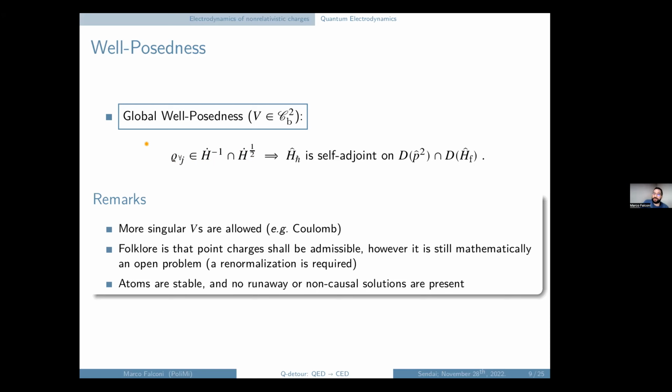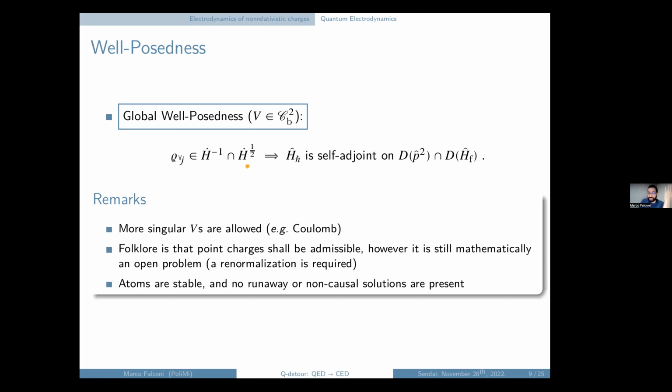If we assume that the charge distribution is in this space, which is slightly different from the one at the classical level... If we assume this at the classical level, we are not able to prove well-posedness. This will come later. Let me preview that we assume only this regularity and try to use the standard techniques, like fixed point arguments and energy conservation, to prove well-posedness at the classical level.